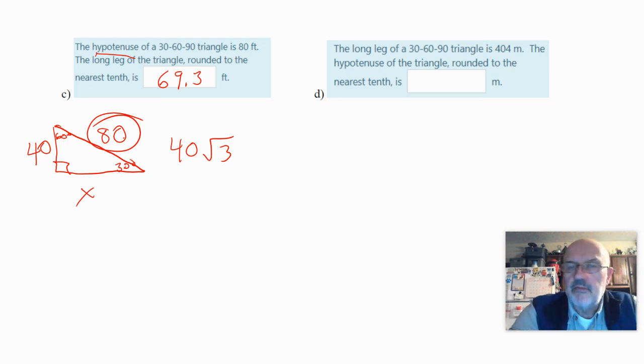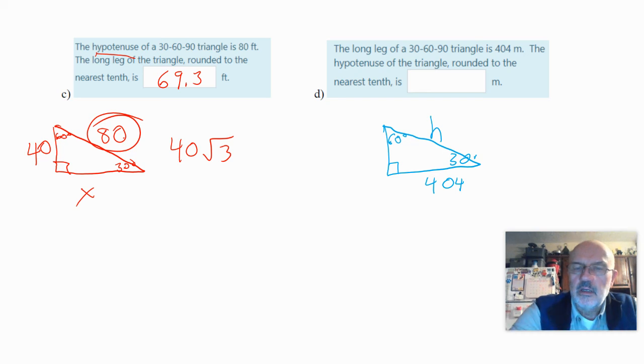All right, so if we draw another picture, here's our 30, 60, 90 right triangle. This time they gave us the long leg. So now they want the hypotenuse. We can't get there unless we get the short leg too. And once again, we're going to round to the nearest tenth.